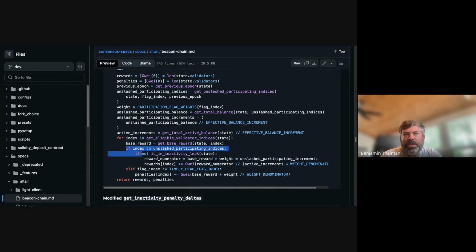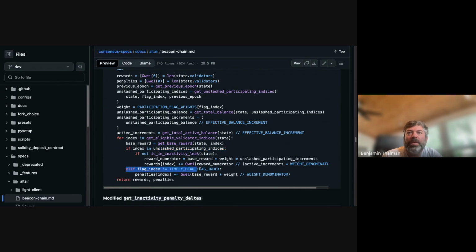What I draw your attention to is this block right here. You have an if and an else if statement. You also have a nested if, but you can ignore that. The first part of this if statement, basically what the code is doing, what the specs are doing here, is cycling through all the validators that were unslashed, so the vast majority of validators, and then it's processing rewards.